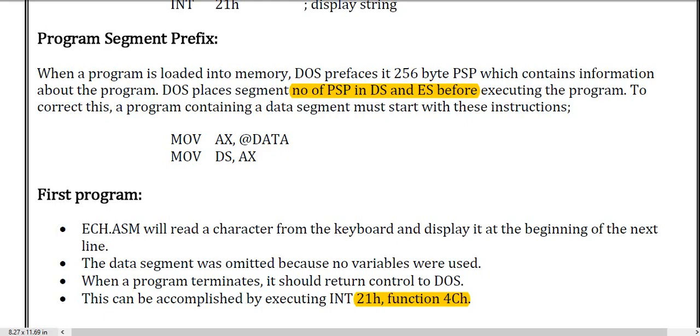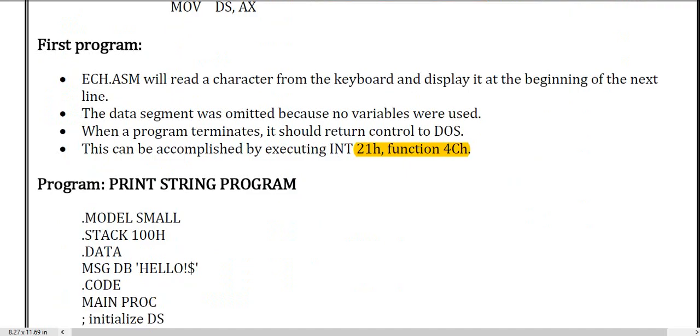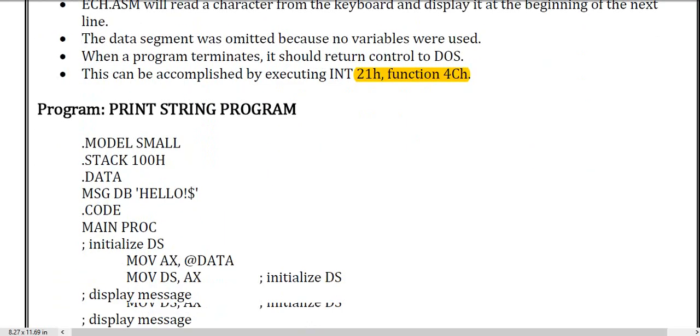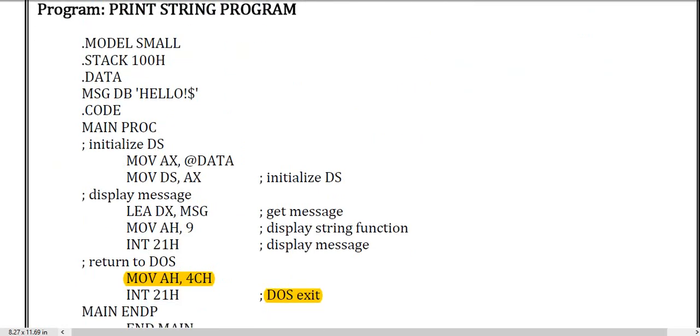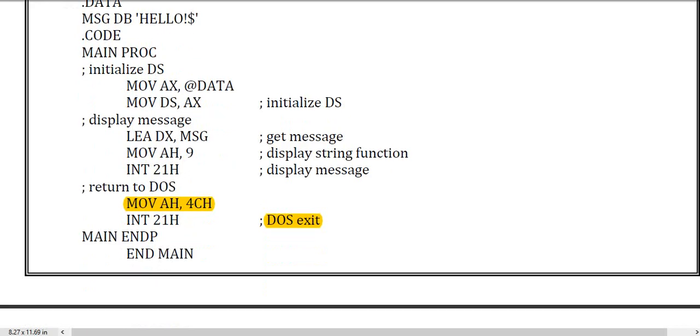Program segment prefix section. Prefix is for fixing the value of the previous one, so that's why we use the prefix section. Here we have some example codes. We are now skipping this one. We will discuss it in further slides.